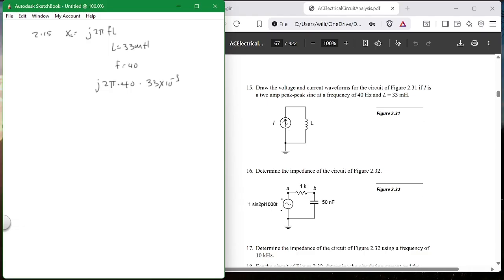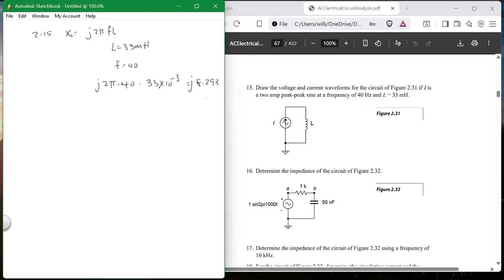What is that? 2 times pi times 40 times 33 is equal to 8.293, right?